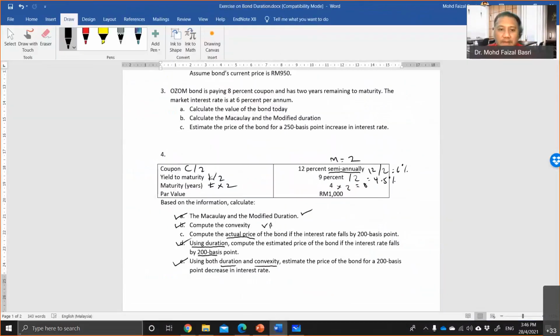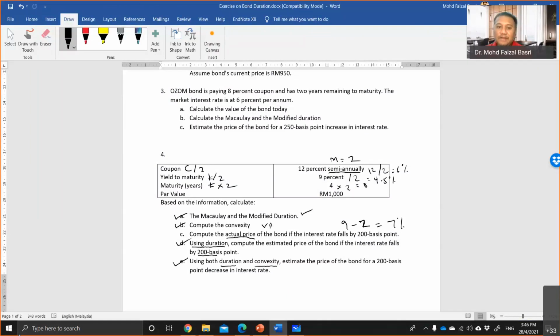If we define back the yield to maturity, annually it was 9%. So if for C they ask us to compute the VB if the rates fall by 2%, it means it falls from 9 to 7, which is 9 minus 2, so 7%.